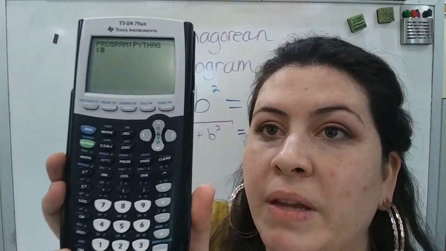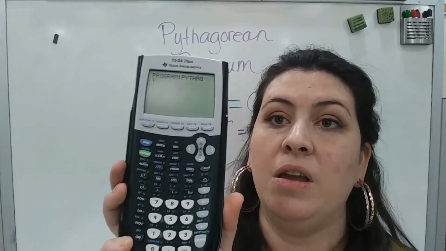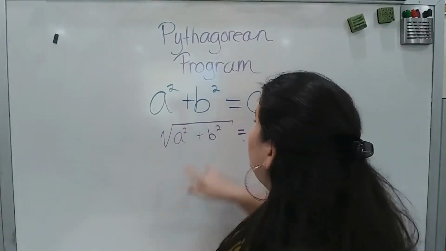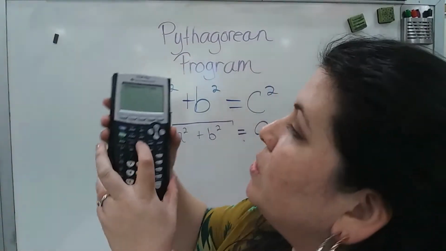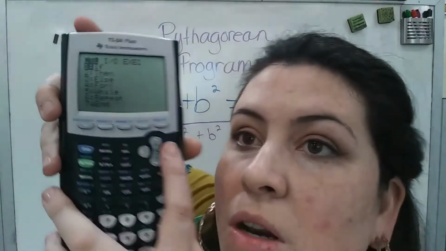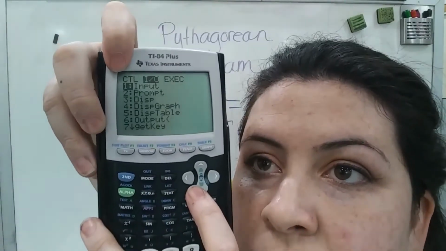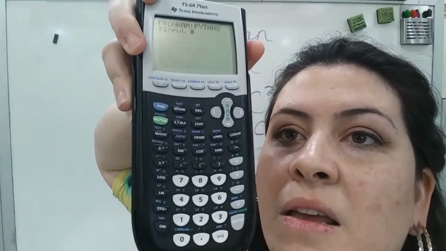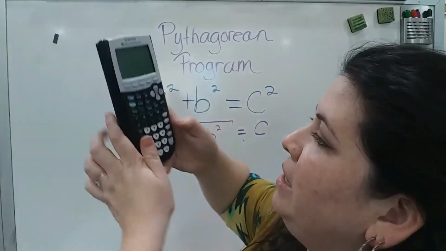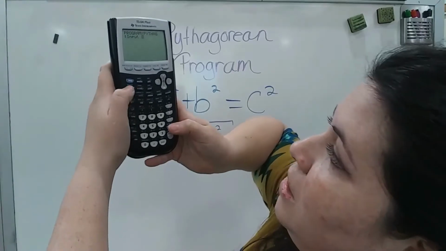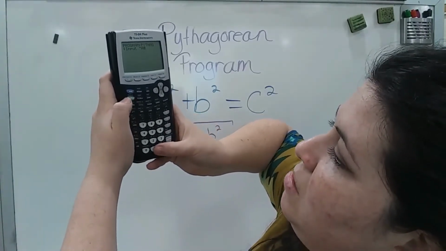Now it's opening up and it's asking for the lines of code. So first things first, we need to tell it to ask for A and B. So we're going to hit program, arrow over to IO. See that first one where it says input? We're going to ask that. So we're going to say input. In quotations, it's going to display A. And we'll make it look nice.